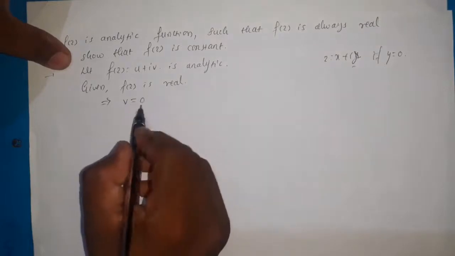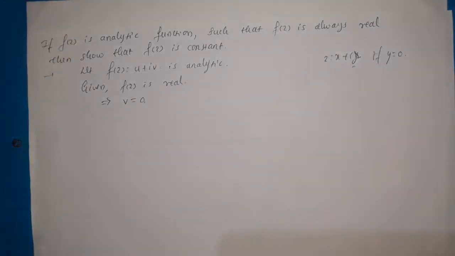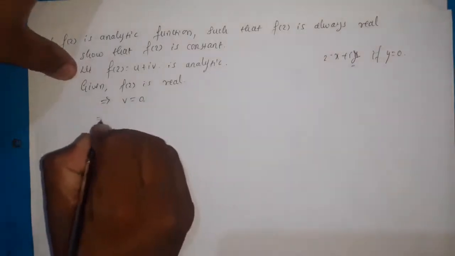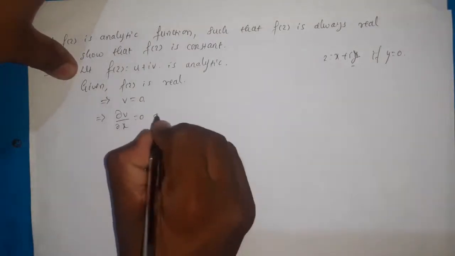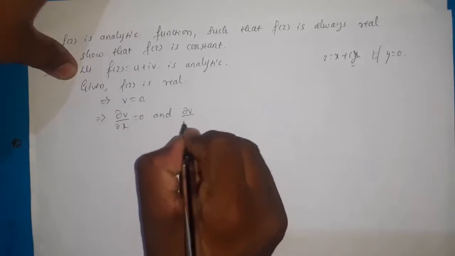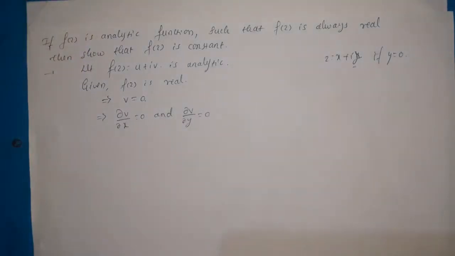Now v is equal to 0 means its partial derivatives with respect to x and y are also equal to 0. So here it implies that dou v by dou x equal to 0 and dou v by dou y is also 0, right?